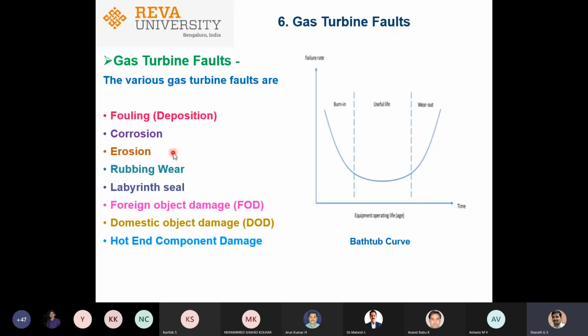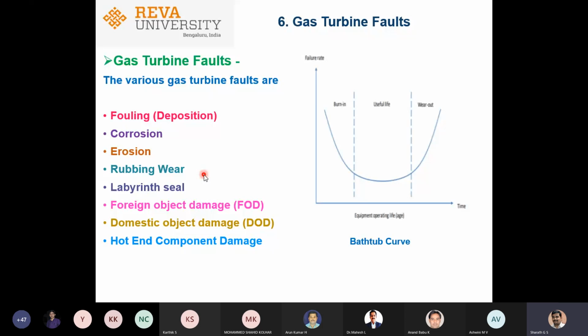So next, coming to an important gas turbine fault, that is rubbing wear. Rubbing wear is an important gas turbine fault which normally occurs because of thermal expansion. As we all know, a gas turbine engine is subjected to very high temperatures, and it will have a thermal expansion due to high temperatures.